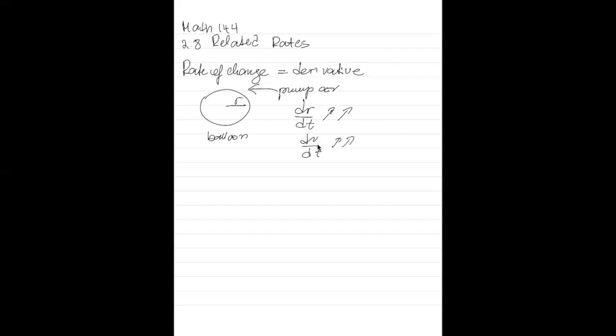In related rates problems, the idea is to compute the rate of change of one quantity in terms of the rate of change of the other quantity. So what we're going to be talking about is how these two rates, or two derivatives, relate to each other: dV/dt, the rate of change of the volume, and dr/dt, the rate of change of the radius.